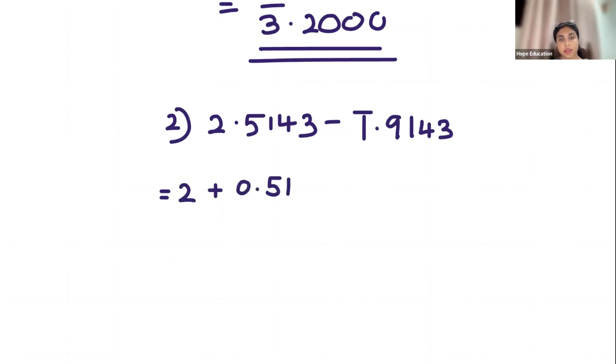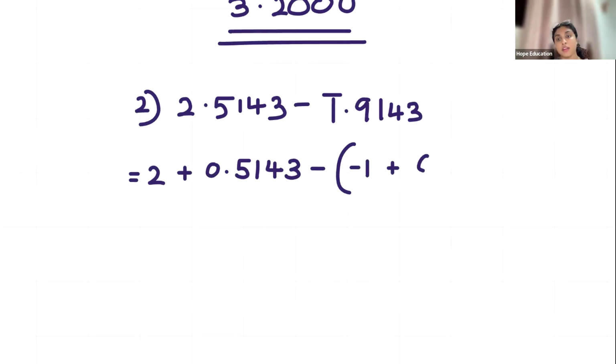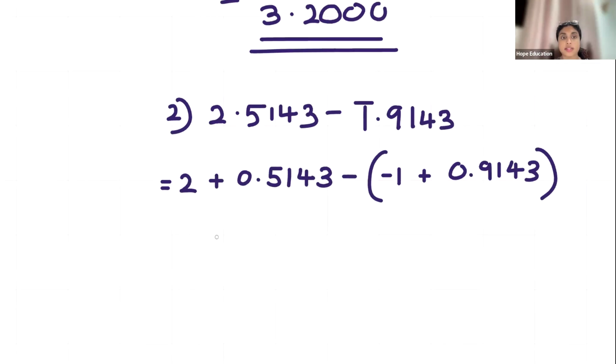The subtraction operation is what I put as minus. Then I separate this one too. Since there is a subtraction, I open a bracket. Bar 1.9143 I can separate as characteristic bar 1, that becomes minus 1, plus mantissa 0.9143. After this point, is it clear? It's very important you understand.